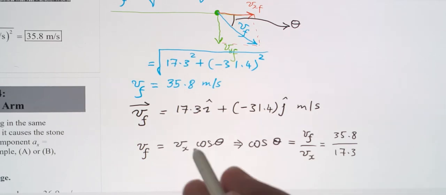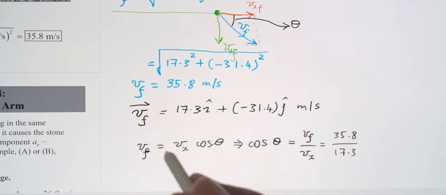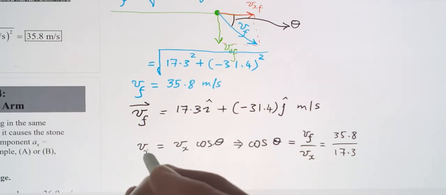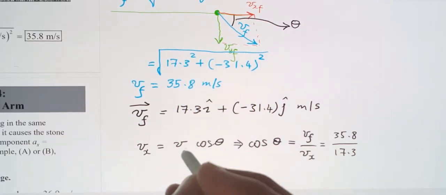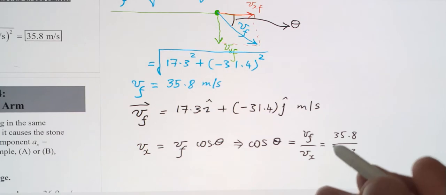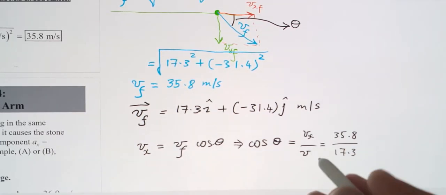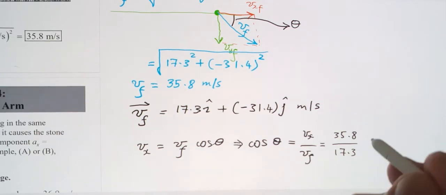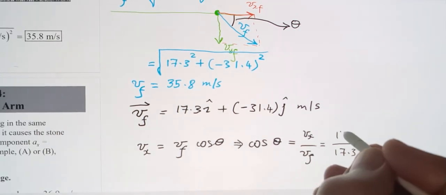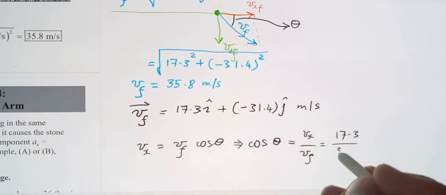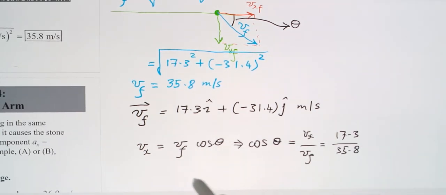Oh, because cosine cannot be more than 1. So this is Vx and this is V final. We just switched them. Vx over V final, 17.3 over 35.8. Yeah, what is theta?